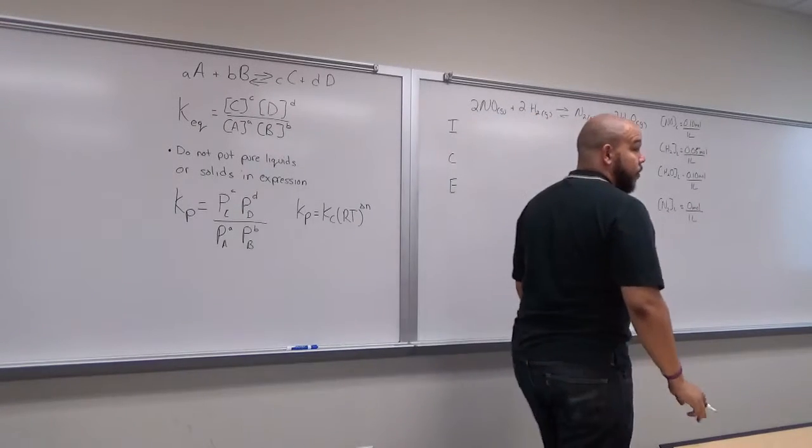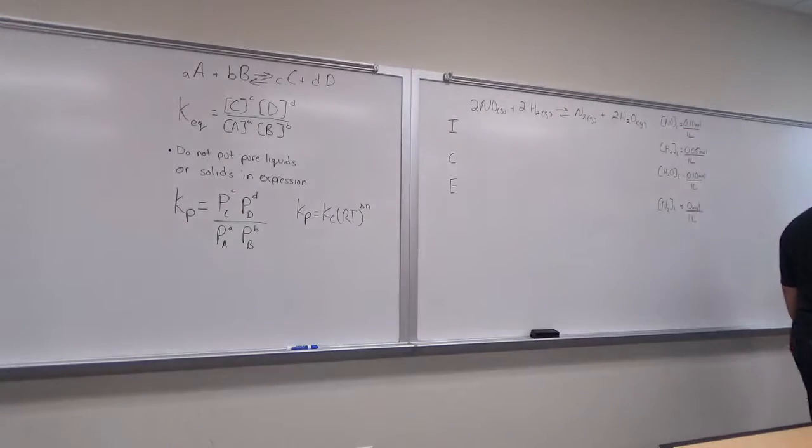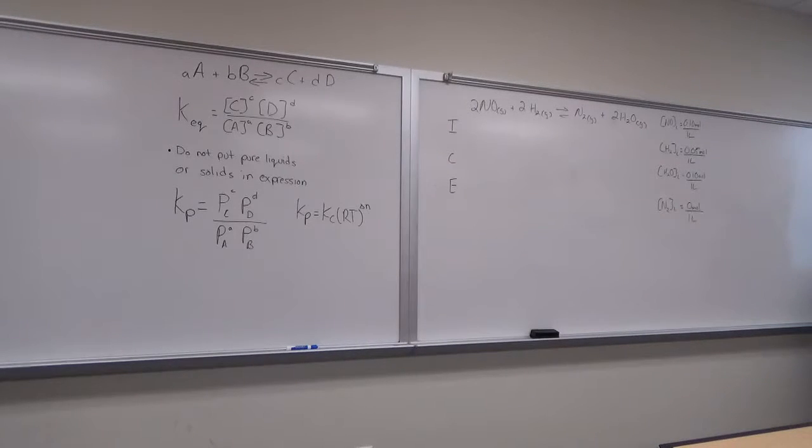So we can assume N2 is 0 moles? It's not an assumption. Yeah, I guess it is an assumption. They don't give us anything about N2, which means that we don't have any, but that we're going to create some. Okay, so this is where the conceptual side comes in.